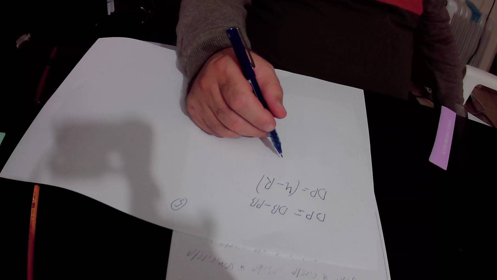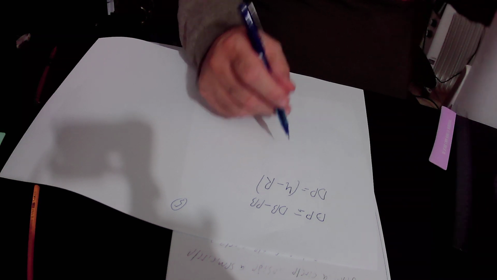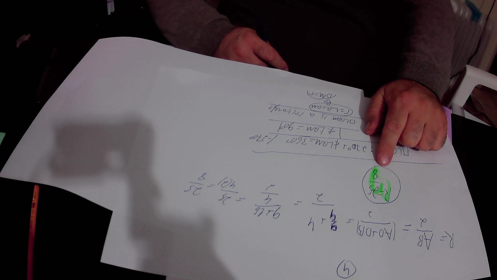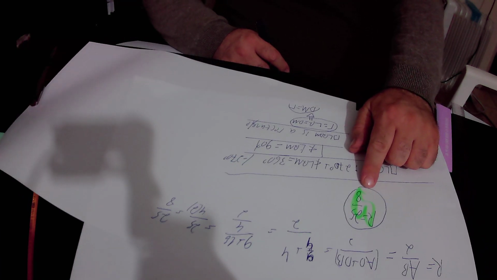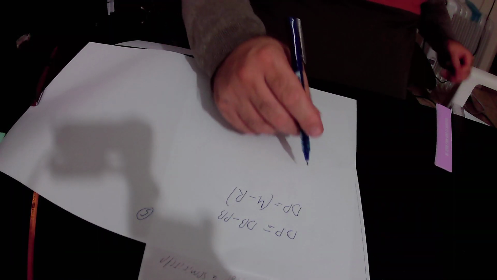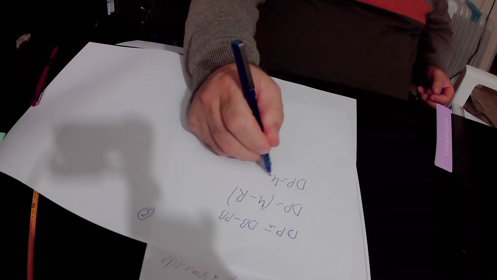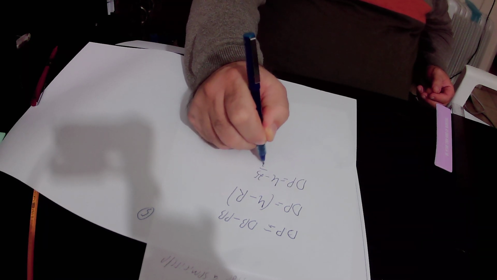But we have already found out that the radius of the big circle, capital R, equals 25 over 8 units. So we can substitute R by 25 over 8. We get that DP equals 4 minus 25 over 8.